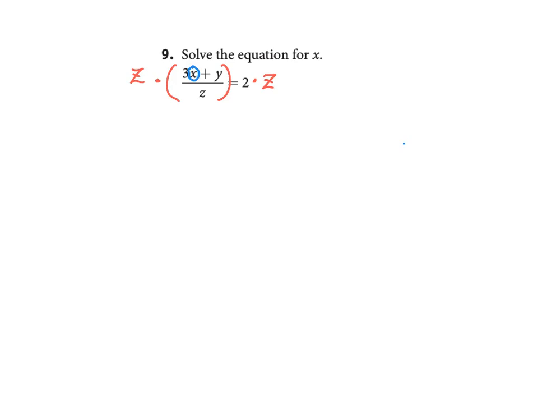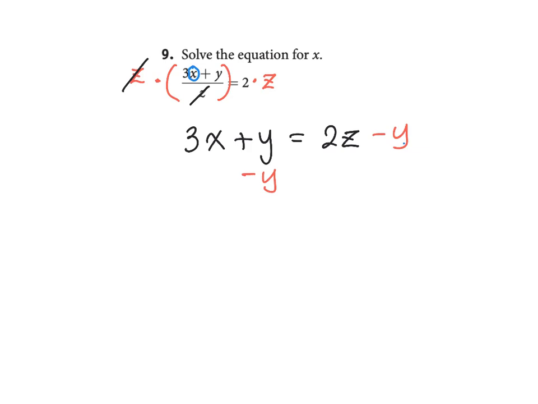That way, we can cancel the denominator. So 3x plus y equals 2z. Now, we need to move y to the right side so we can isolate the x part. So subtract y on both sides.